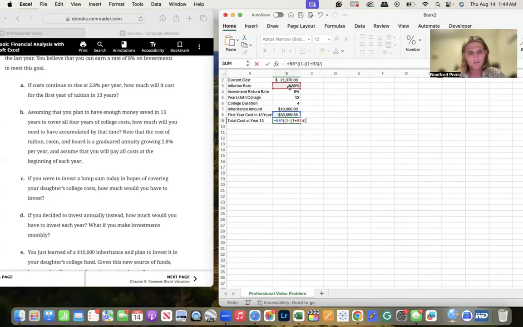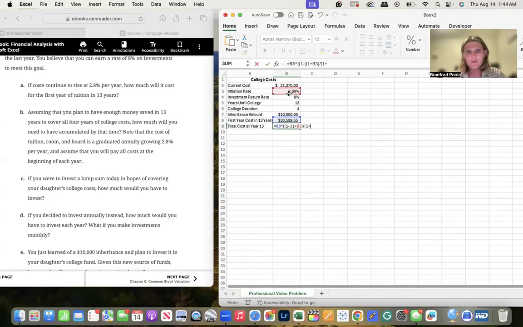Divide that by 1 plus investment rate. Add up to how many years we have.